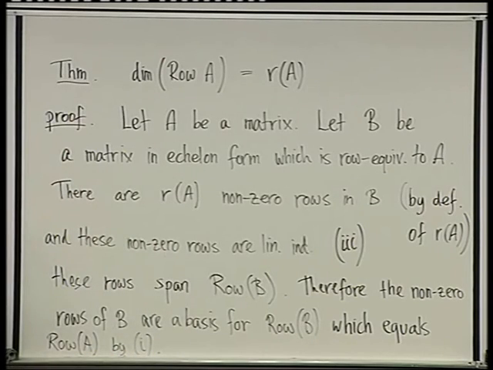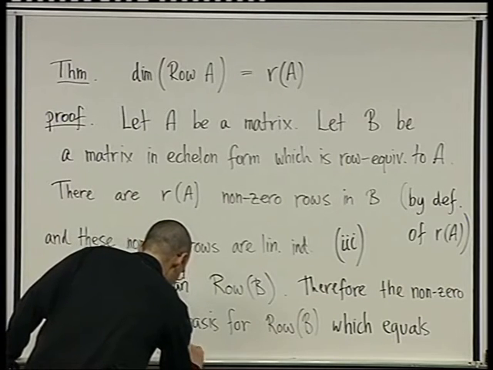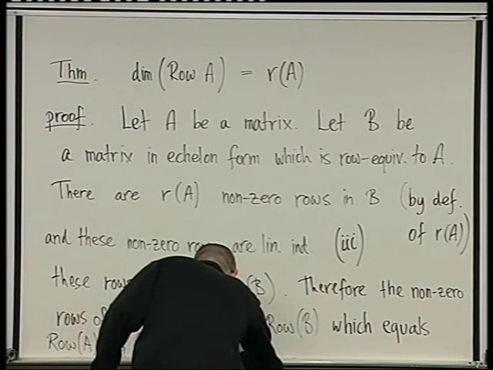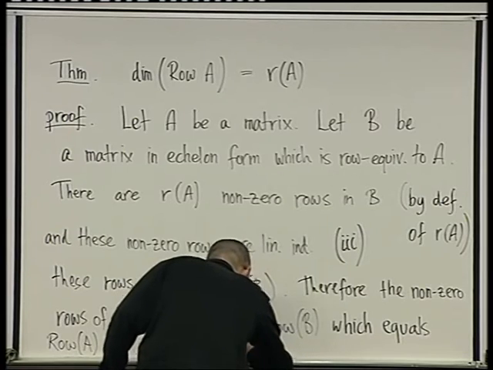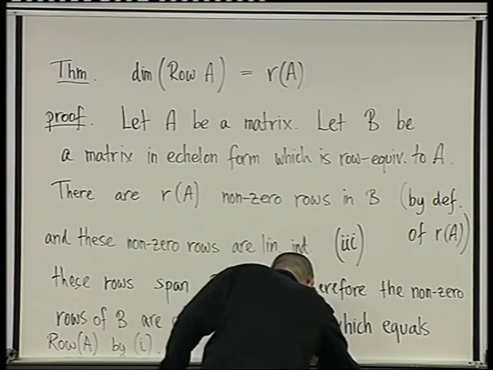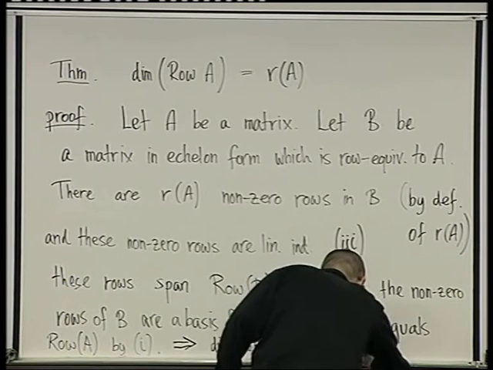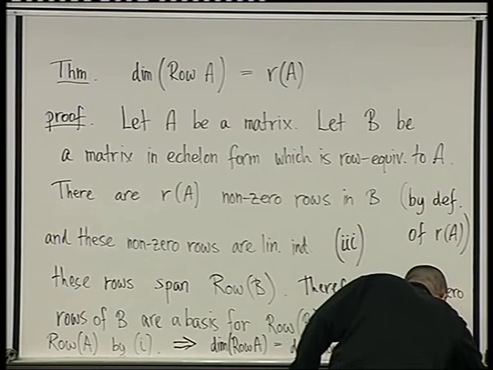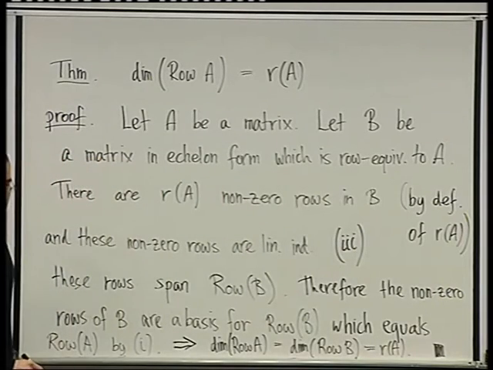Do you agree? And the conclusion is, I'm sorry for writing at the bottom of the board, but this is really the end: the dimension of row of A equals the dimension of row of B equals R of A.